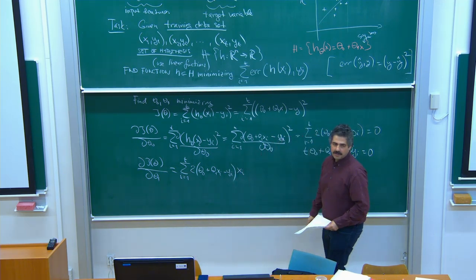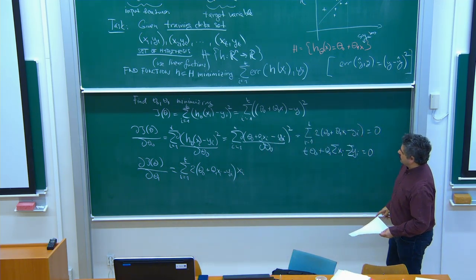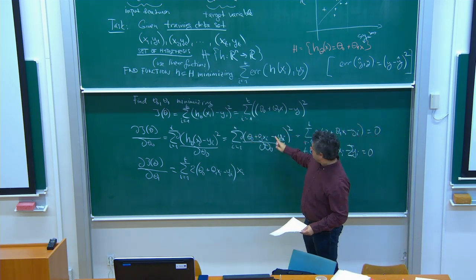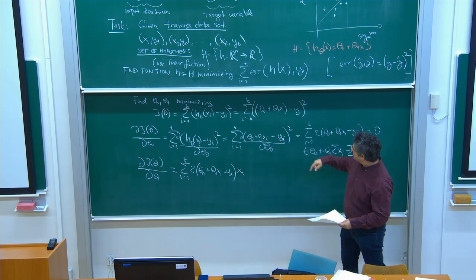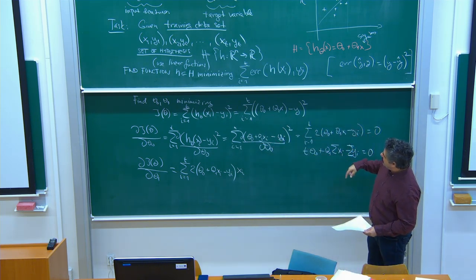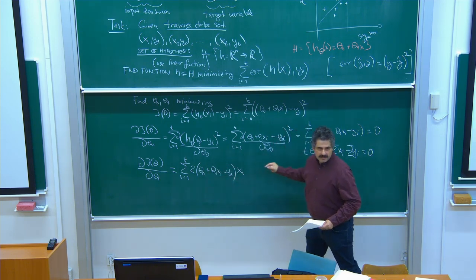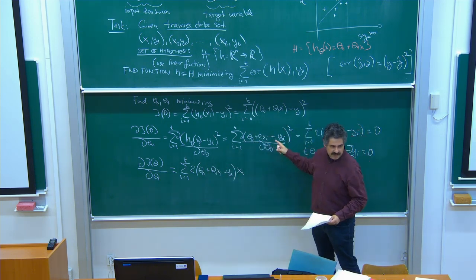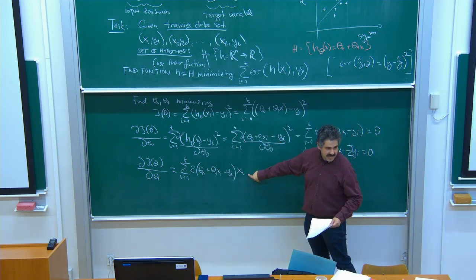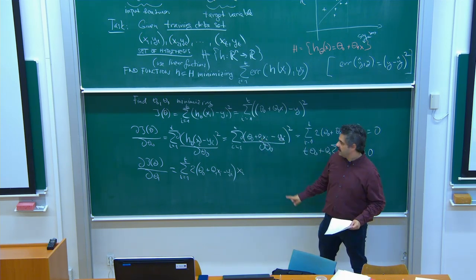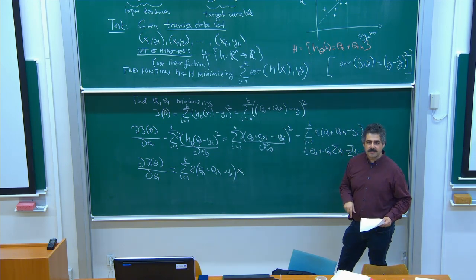Why? Because you are doing the derivative of this function not over theta 0, but over theta 1. So this is 2 times this thing times the derivative of whatever is inside. And the derivative of what is inside is x i, because there is theta 1 x i in here. The other two things are constants.